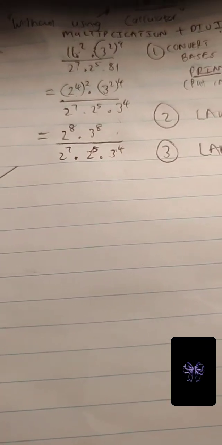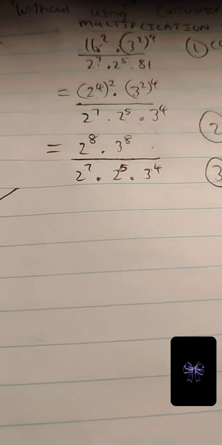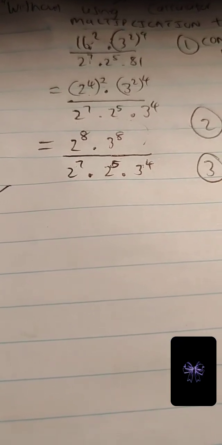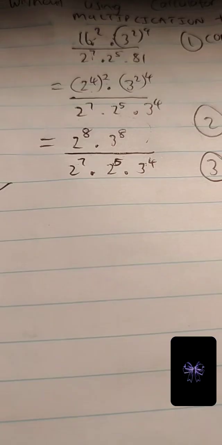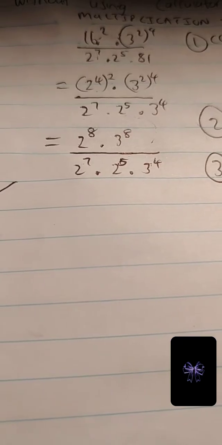Once we say 3 to the exponent of 8 divided by 3 to the exponent of 4, where are we going to write 3 to the exponent of 4? In the denominator or numerator? That's a good question. What do you think? Who's joining who here? Who's leaving their comfort zone and joining the other?